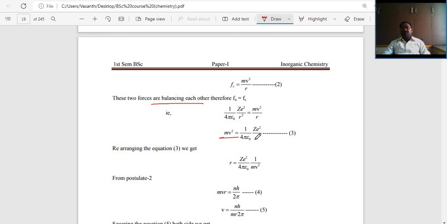Finally, mv square by r is equal to 1 by 4 pi epsilon naught into Ze square by r square. Rearranging the above equation, what we get is the radius of an orbit: r is equal to Ze square by 4 pi epsilon naught into 1 by mv square.